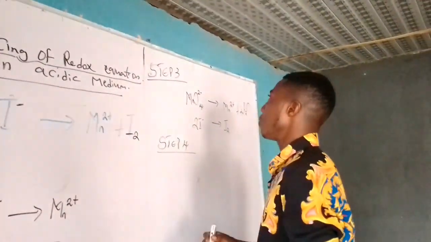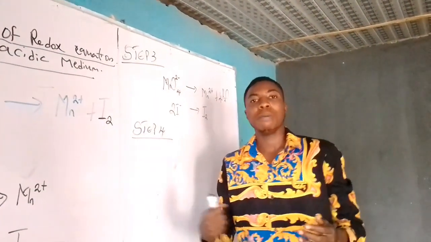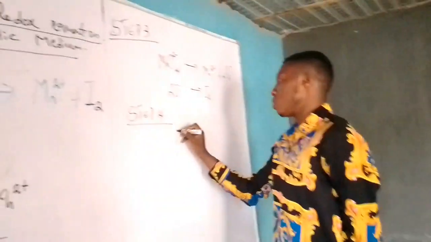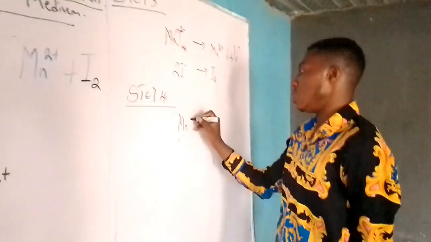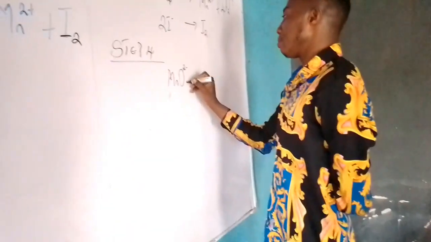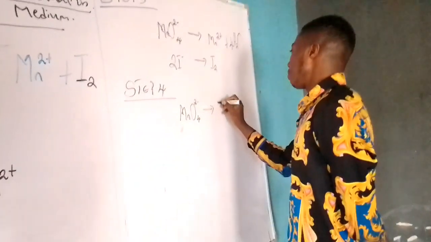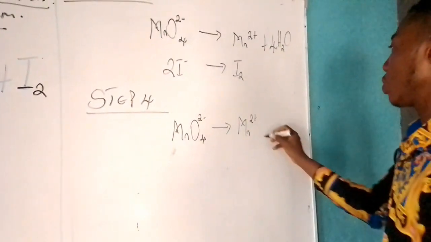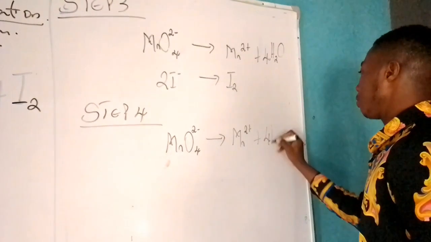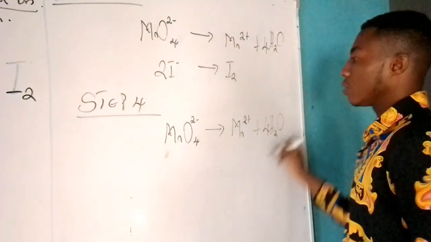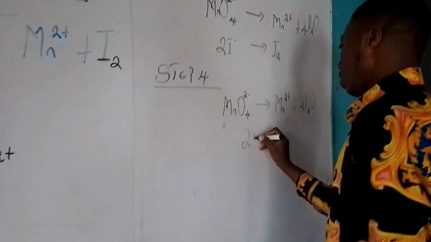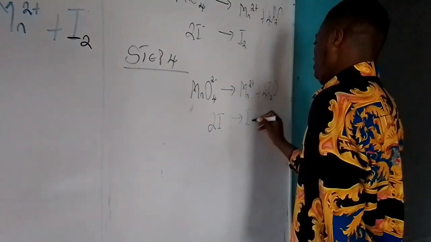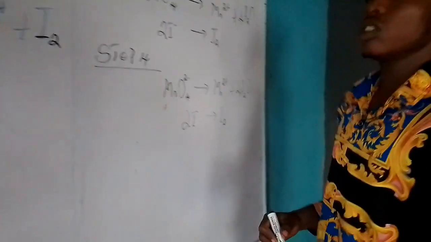In step 4, you are now going to balance the hydrogen ions. Now, where did you add water before?